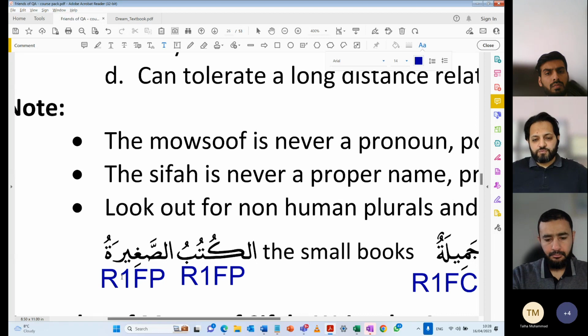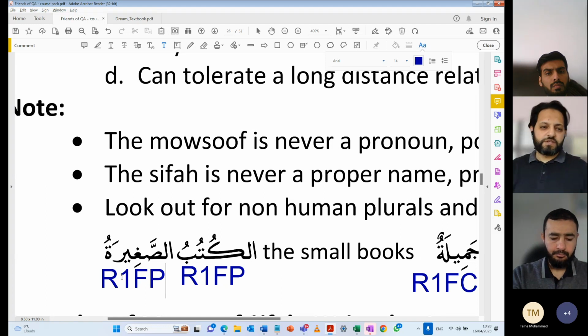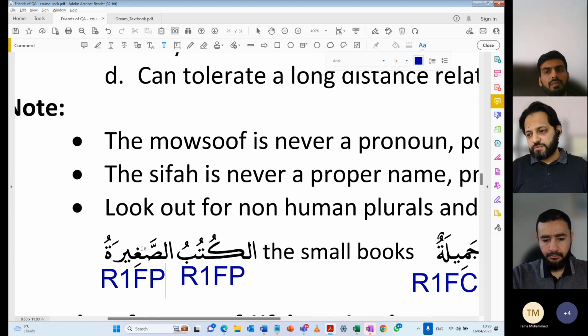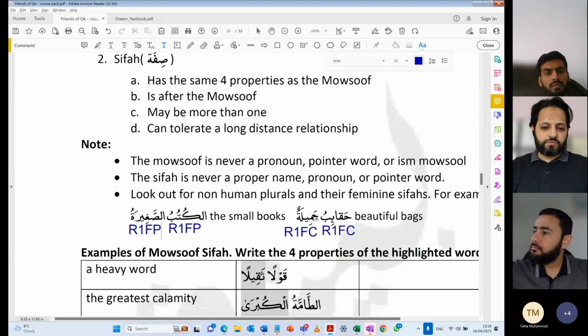So just be mindful of the broken plural. As we do practice, they will come up, and then you'll be able to, inshallah, see that and practice that. Okay, that's the theoretical understanding of the Mawsoof Sifah fragment. It's one of the easier ones in Arabic, and it's not too difficult, and usually students are quite comfortable with spotting them. Let's do some practice, and we take it from there.